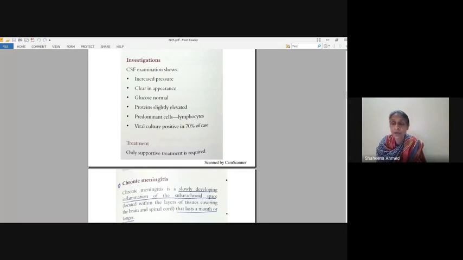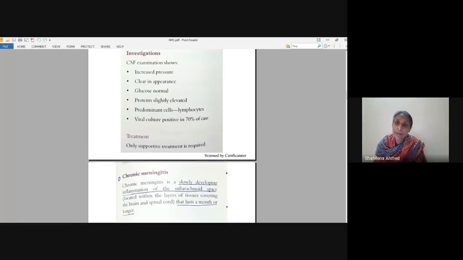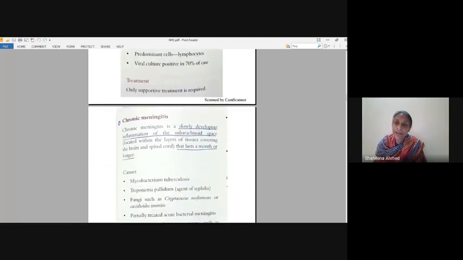Glucose levels are going to be normal because the virus does not eat up the glucose in our fluids. Proteins might be slightly elevated or they may be normal. The predominant cells here are going to be lymphocytes, and viral cultures are going to be positive in 70% of cases. As viral diseases are self-limiting, only supportive treatment is given here.